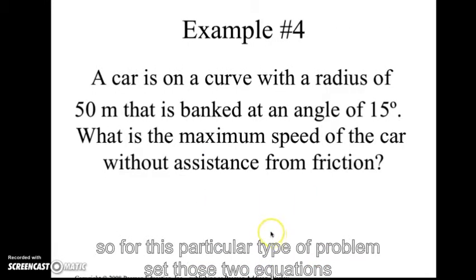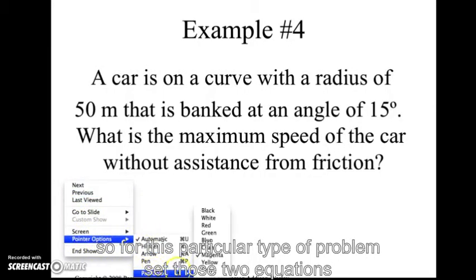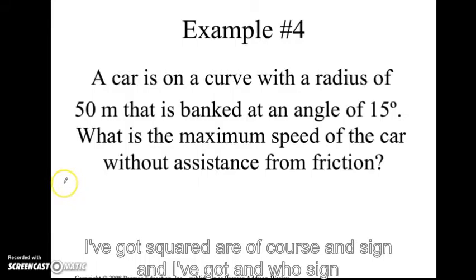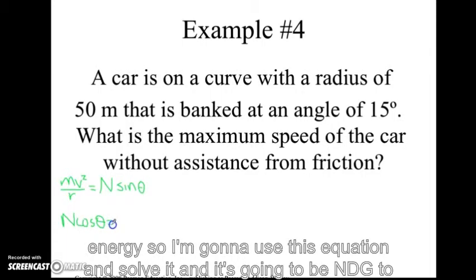So for this particular type of problem, we're going to set those two equations equal. So let's just go with green. I've got mv squared over r, the centripetal force, equal to n sine of the angle, and I've got n cosine equal to mg.